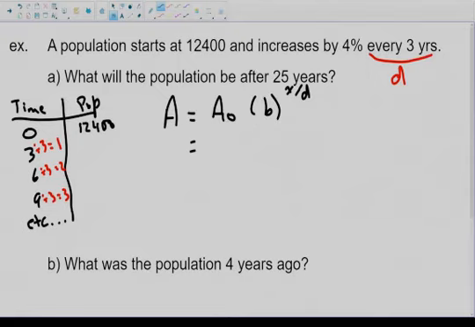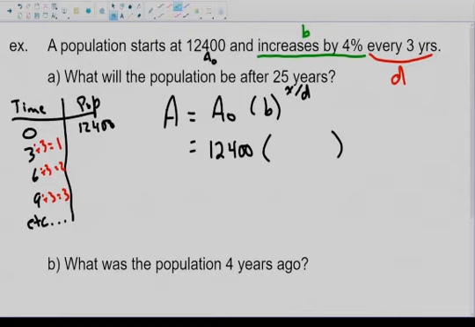Where does everything go? Okay, what is A0? Well, A0 is our initial value of 12,400. What is our B? Well, B is stated by what is the quantity increasing by every blank years.